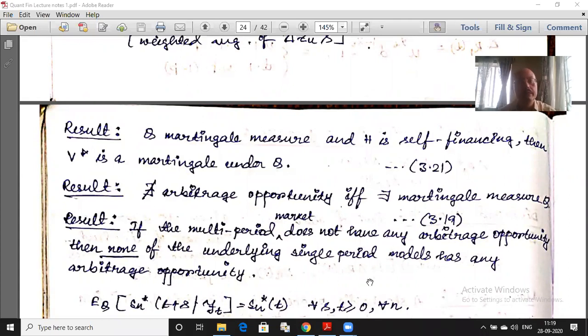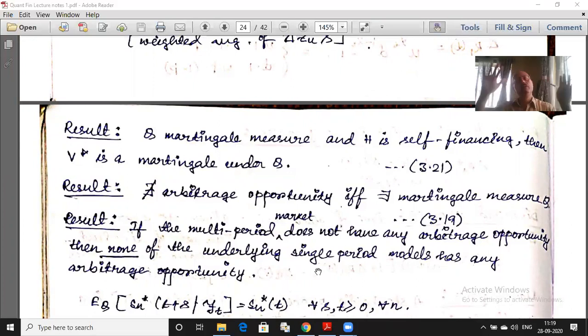Another very important result, which is of course new here because of this multi-period setting, is the following result. This is a very important result, because this is what we intuitively always expect, but it needs a formal proof. That if the multi-period market does not have any arbitrage opportunity, then none of the underlying single period markets can have arbitrage opportunities.